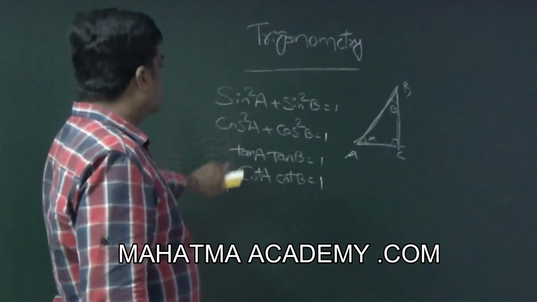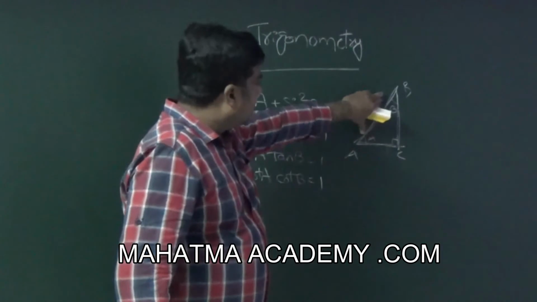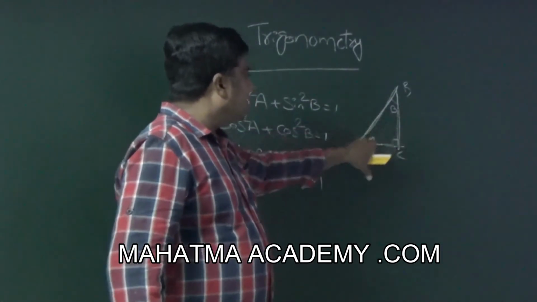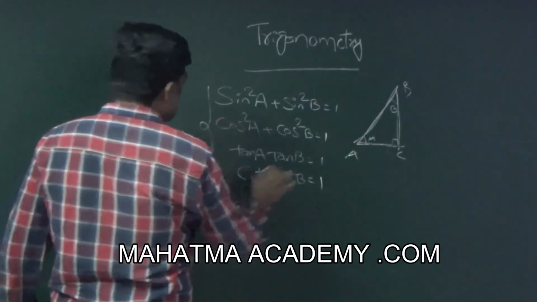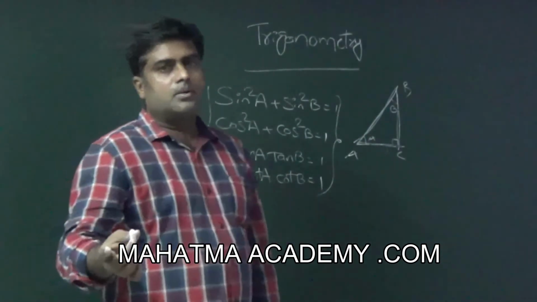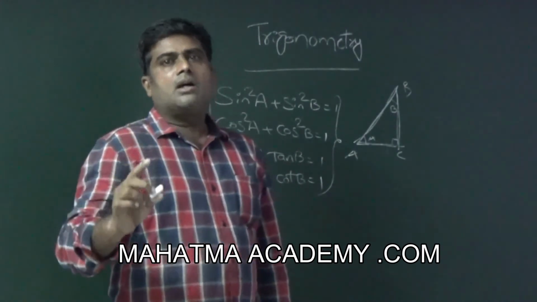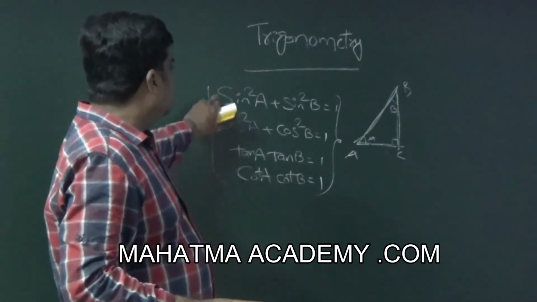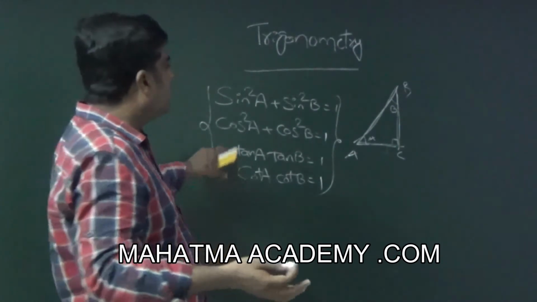These four formulas are derived from this right angle triangle principle. What is the principle? This is the right angle, and the sum of the other two angles is 90. From the basic formulas, that is sin square theta plus cos square theta equal to 1, or sin theta equal to cos of 90 minus theta, we can derive these formulas. These formulas are very helpful for solving problems in a simple manner.